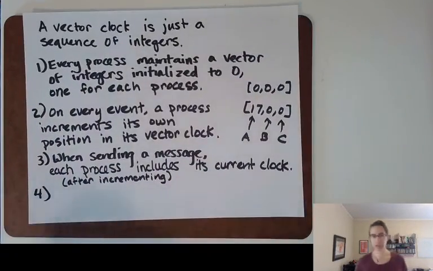Okay, and then the last thing that we haven't talked about yet is receiving. What are the rules for receiving? When we talked about Lamport clocks, we said that your Lamport clock increments to the maximum of the clock that you receive on a message plus your local clock, plus 1.